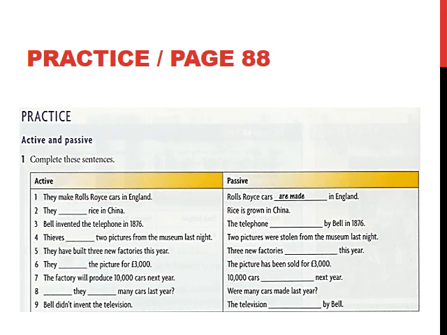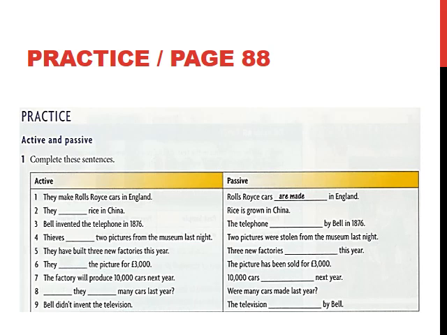And to improve your understanding for the topic of passive voice, you can find a practice or an exercise on page 88 in your book. What is required actually in this exercise is to complete these sentences. As you see here, on your left hand we have the active sentences, and on the right one you have the passive.